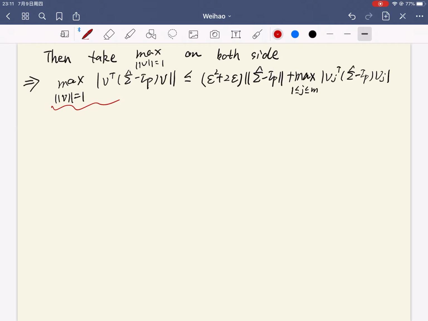Notice that the left-hand side is just the definition of the operator norm. Then, after some rearrangement, we get that the operator norm is upper bounded by this.